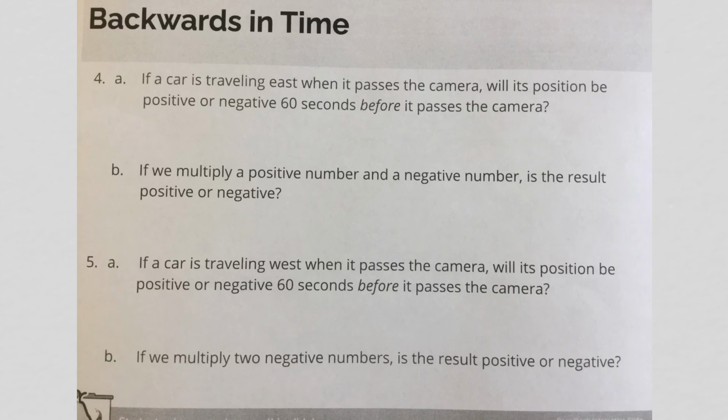Backwards in time. So if a car was traveling east when it passes the camera, will its position be positive or negative 60 seconds before it passes the camera? I like to use a modified number line just to kind of help me get a sense of this. So west is to the negative side, 0 is at the camera, and east is to the positive side.